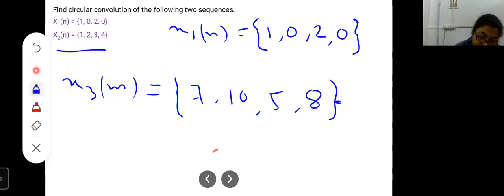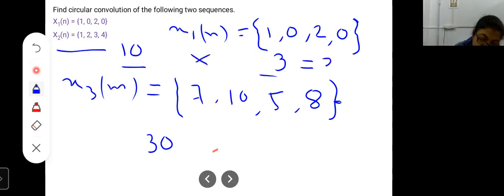Now see, if we add each sample of x3[m], how much will we get? We'll get 30 here. Now add the x1[n] samples. x1[n] samples are 1 and 2, that means 3. And for x2[n] again add, here you will get 10. Now multiply 10 and 3. So it becomes 30 again.